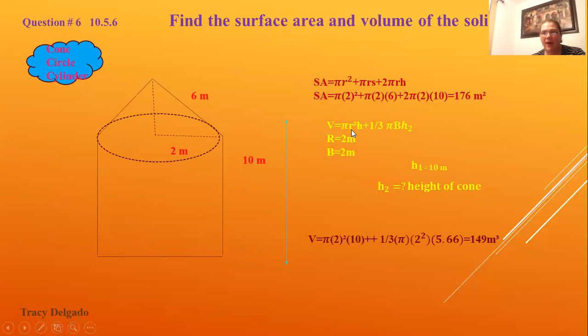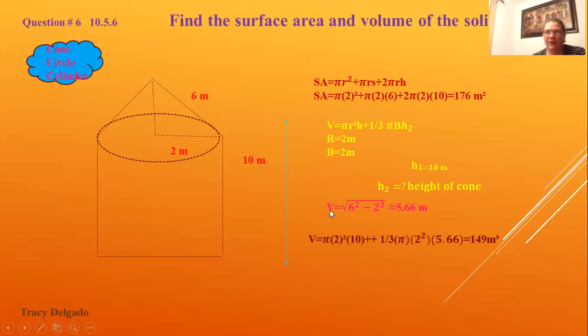Our volume is pi r squared h plus 1/3 pi times base and height to the second, or h2 we should say. And our r equals 2 meters and our base equals 2 meters. The height 1 is 10 millimeters. So what is the h2, being the height of the cone? Well, we're going to find that out.